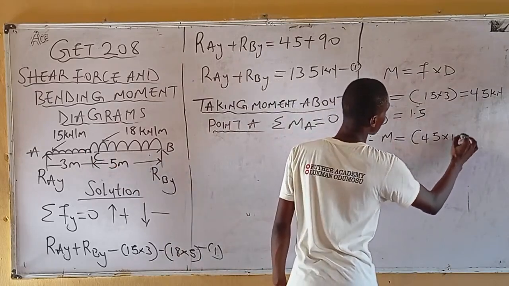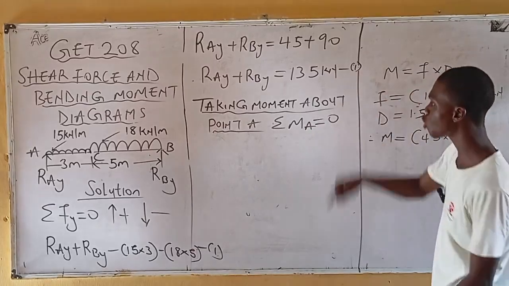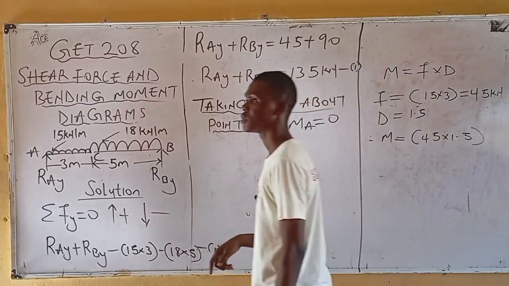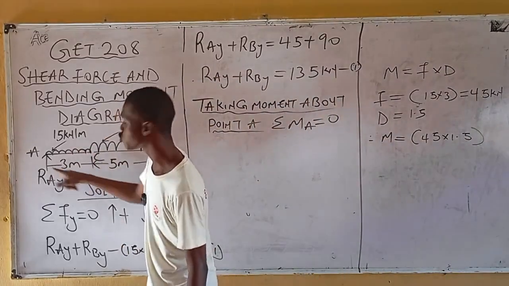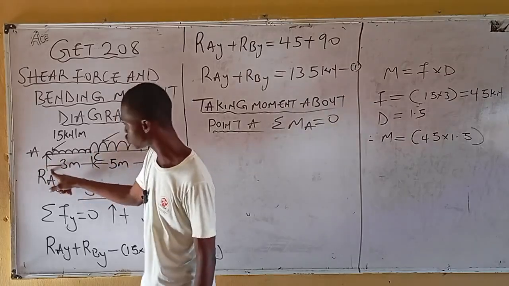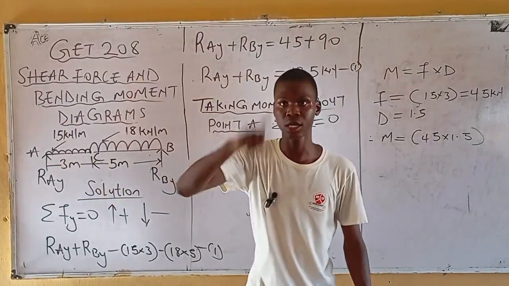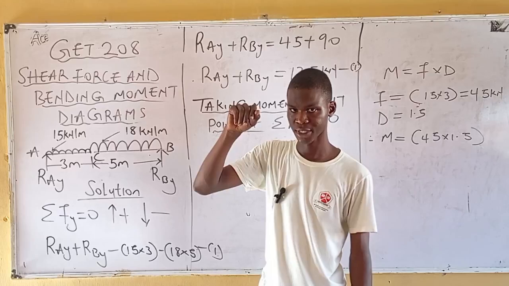Therefore, the moment of this very U.D.L becomes 45 times 1.5. But the question is, is this U.D.L going in a clockwise or anti-clockwise direction? It is going to A. If we follow what we have initially, 1, 2, 3, 4, what part is it taking? Check your book.